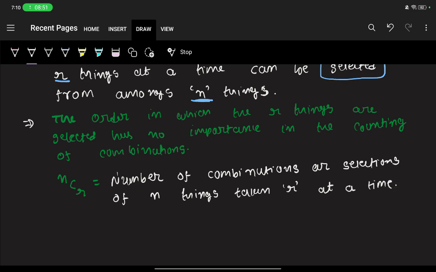So you can write this nCr. This is the main formula. nCr is equal to n factorial divided by r factorial multiplied by (n minus r) factorial. Very important formula, where n is greater than or equal to r.